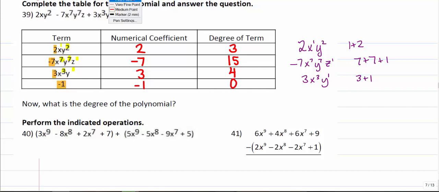That would be the equivalent of saying x to the 0, which is 0. And so that's the degree of the terms. But the degree of the actual polynomial, which is this whole entire thing here, is the largest out of all those terms. So that would be 15.